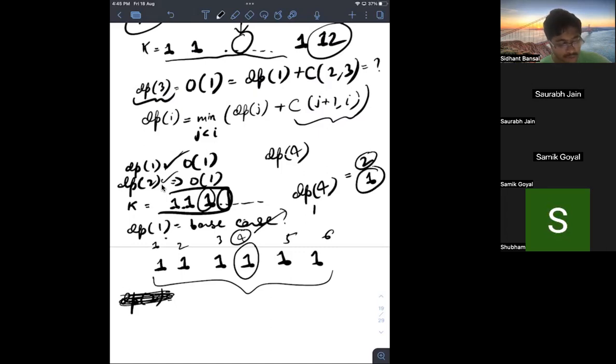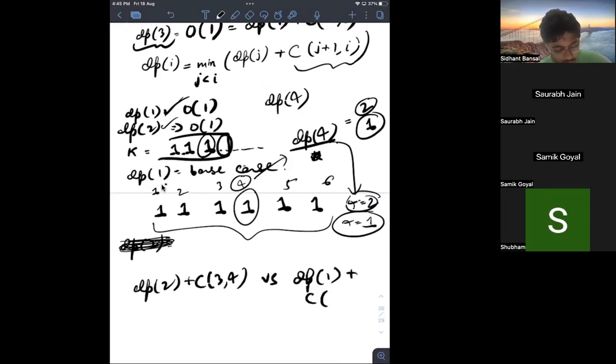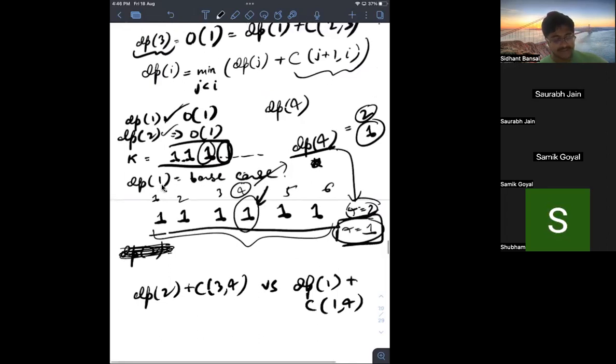That is, for DP[4], would alpha being 2 be better, or would alpha being 1 be better? You could compare those. So you could be like, I'll compare DP[2] plus cost of 3, 4 with DP[1] plus cost of 1, 4. And maybe one of them wins. Maybe alpha equal 1 wins. So I'll let the array remain like this.